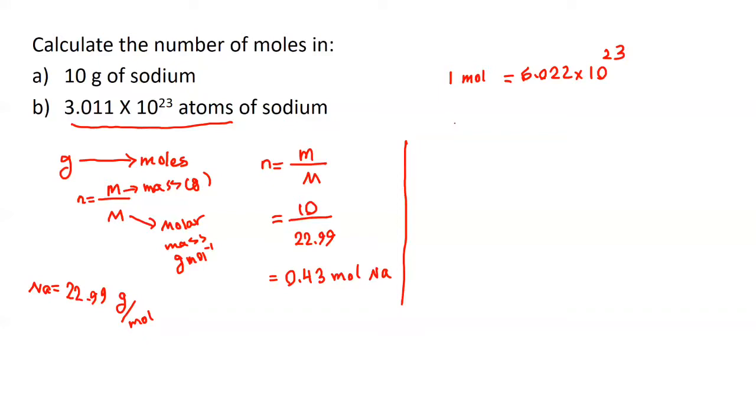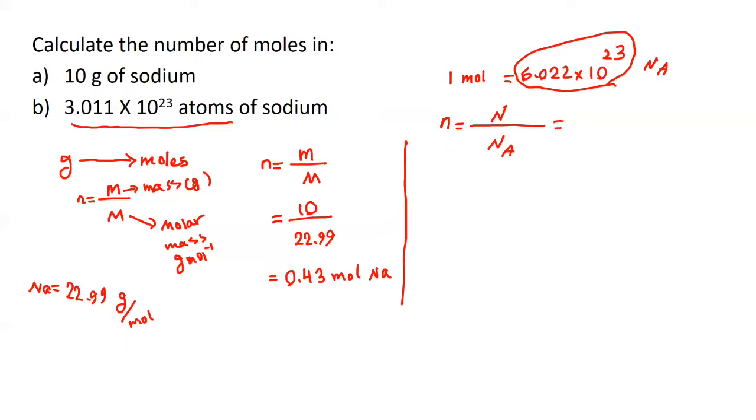How can we find it? The number of moles, n, is equal to the number of particles, in this case the number of atoms, divided by Na. What's Na? It is Avogadro's number. This number we name Na.